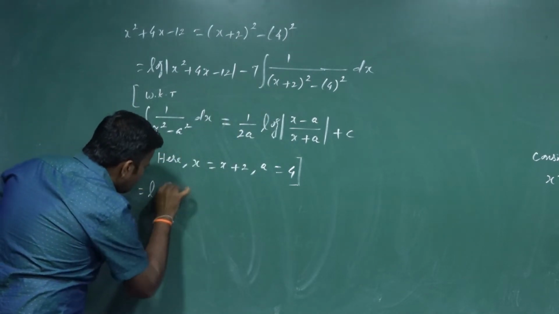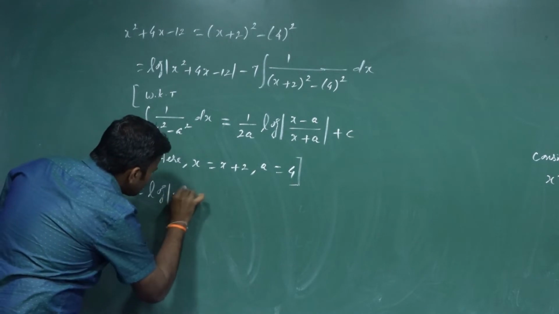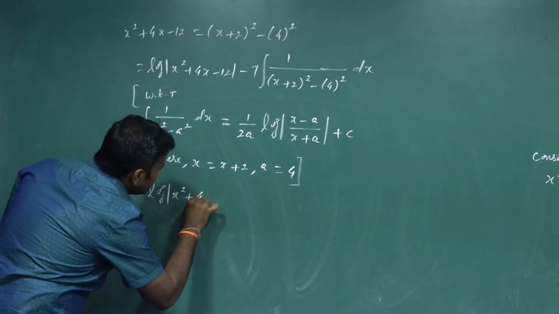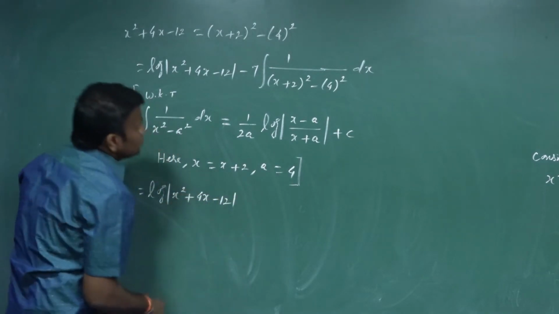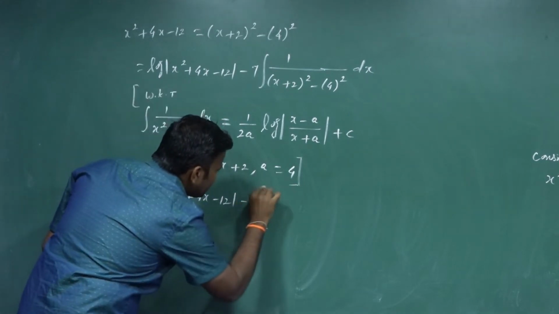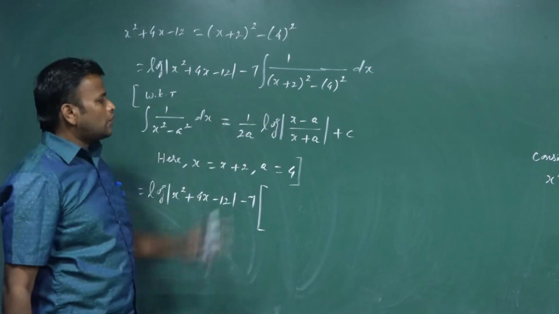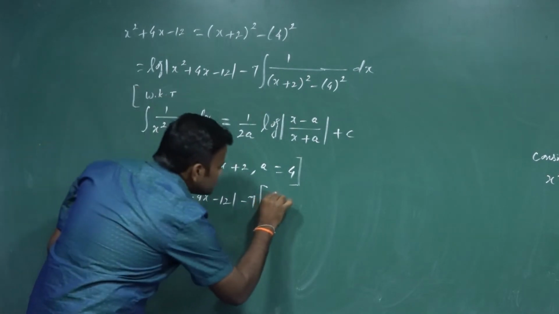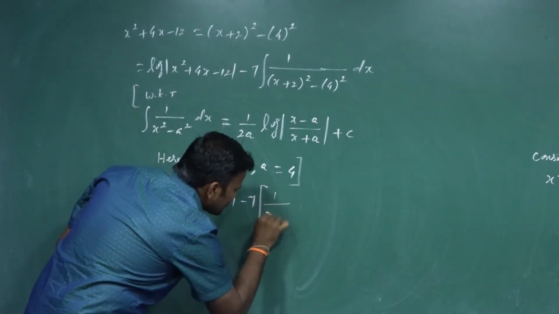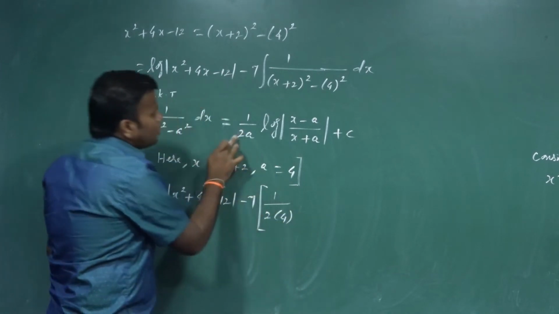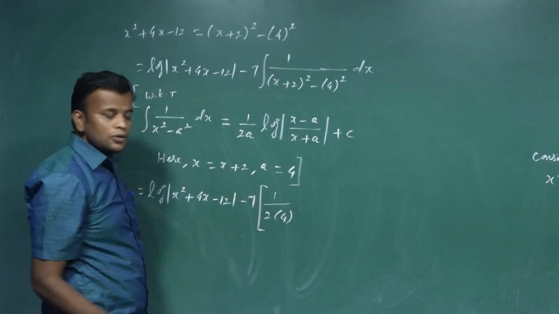So log of modulus x square plus 4x minus 12, already minus 7 lies outside. Now we use this formula: 1 by 2a, the value of a is 4.